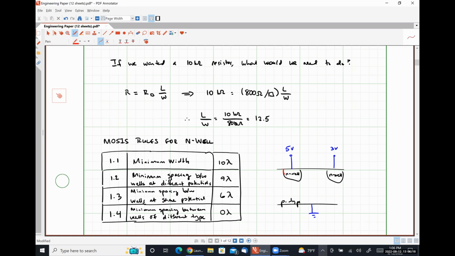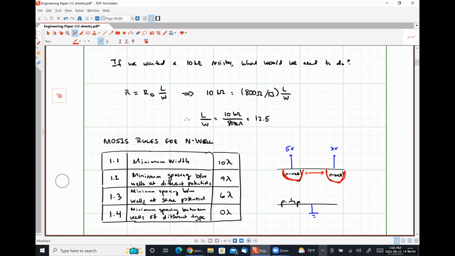So this area right here is a PN junction. This area right here is a PN junction. And if this region right here is small, it will serve as a base for an NPN BJT.